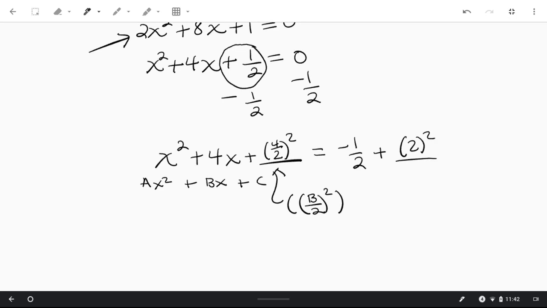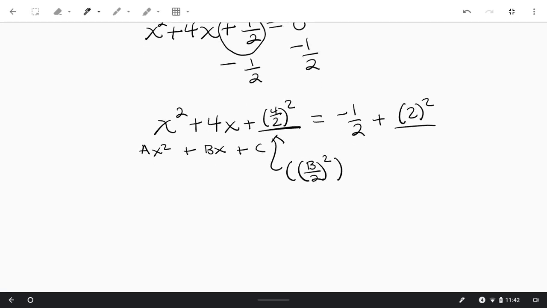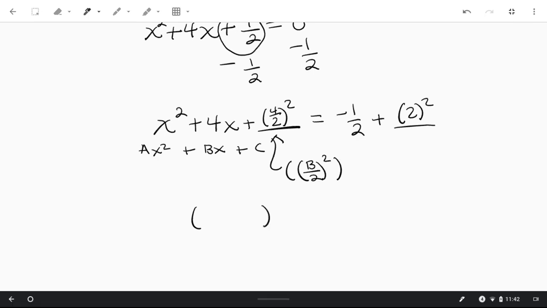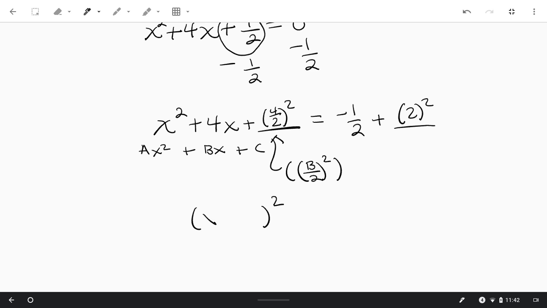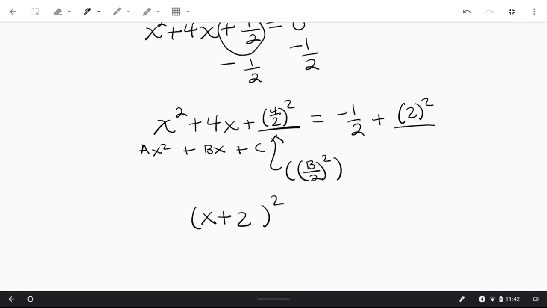All right, so what happens when we take half of b and we square it, we turn this trinomial now into something that is factorable into a perfect square, which is why we call this method completing the square. Okay, so it turns out that this will factor out to x plus whatever this b over 2 term is. Okay, do you see how I got this?